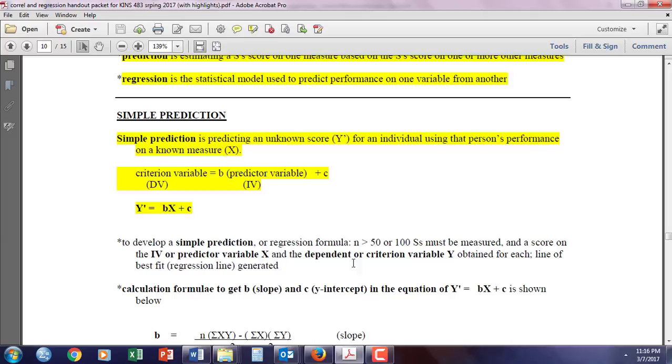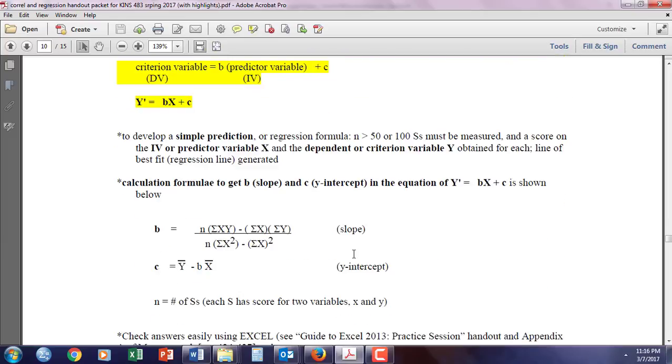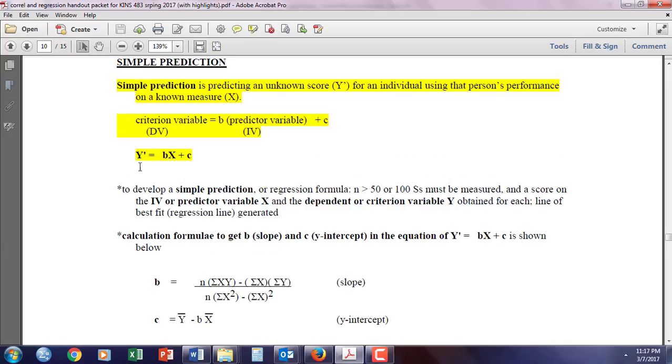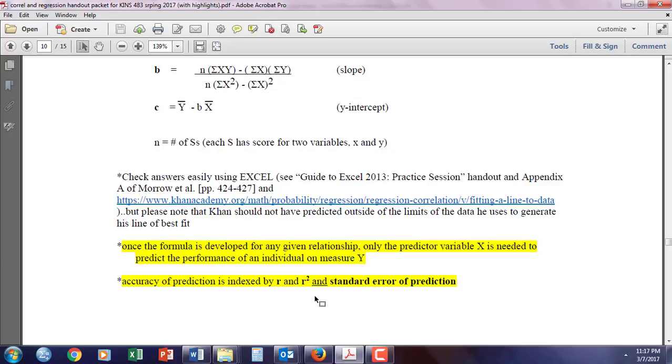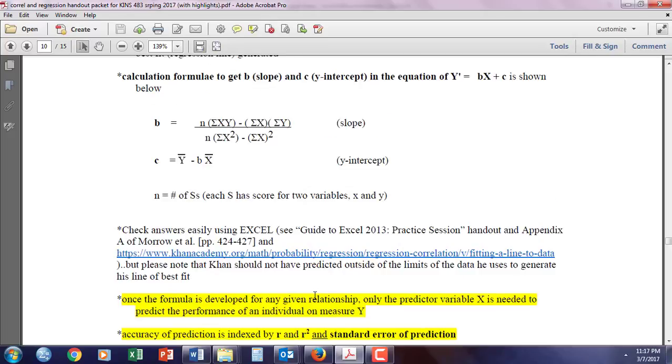And we have a score for everyone on their y variable, such as the number of pull-ups that they can do. We then calculate a b and we calculate a c so that we could plug it into this prediction equation. All right? So how do you calculate that b?